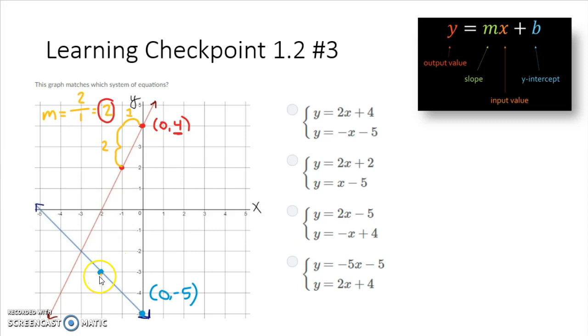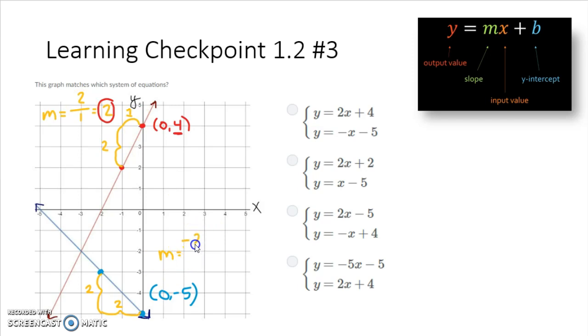So I'm going to rise 1, 2 spaces, and we'll talk about negative versus positive in just a second. And my run is also 1, 2 spaces. Now I'm going to see that the overall slope of the blue line, it goes down. So I know that my overall slope is going to be negative by the time that I'm done. For the blue line, my slope is equal to my rise.